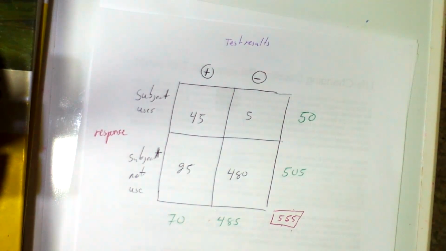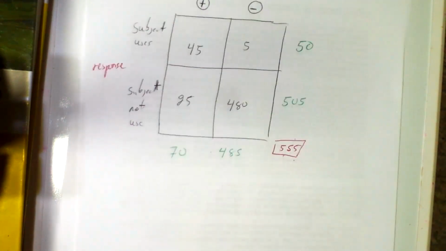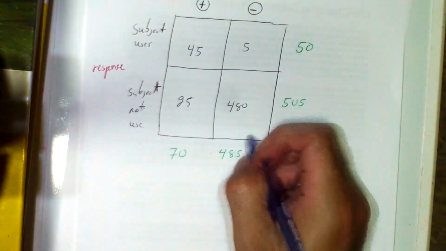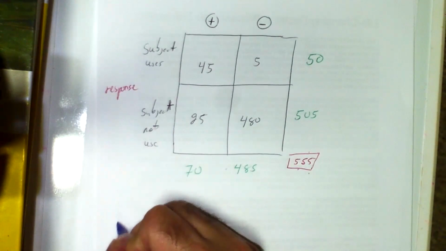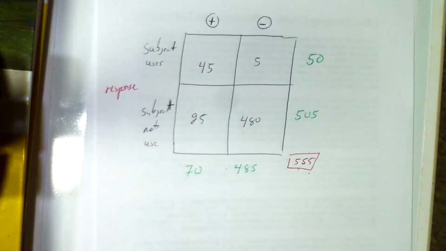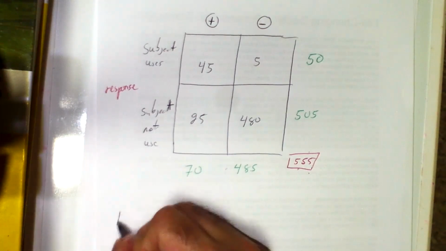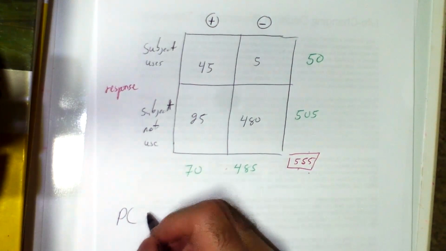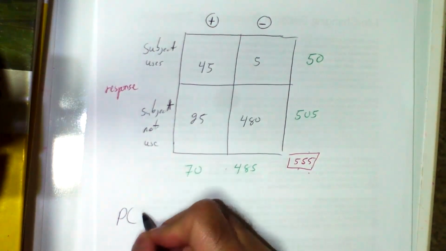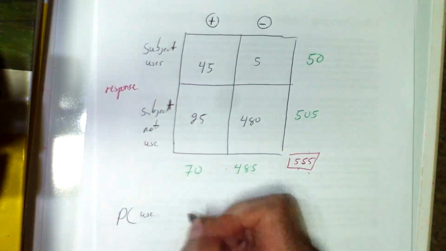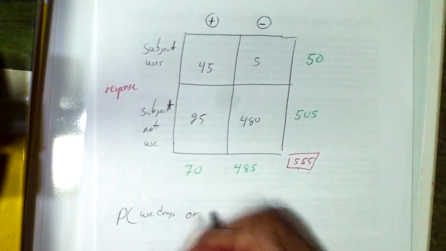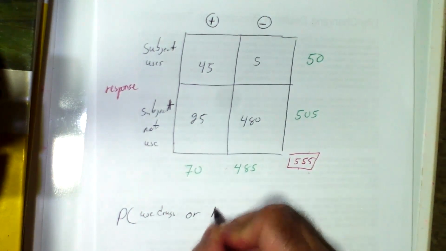All right, now we're gonna answer some questions. So based on our picture, I want to find the probability that the subject uses drugs, said that they use drugs, or tested positive.